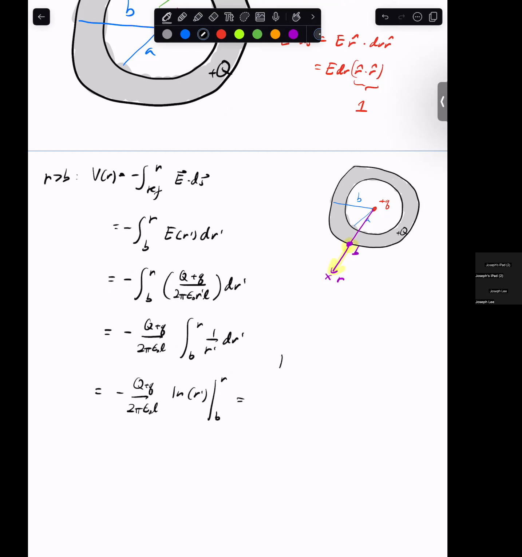Just as a note, the natural log of r minus the natural log of b is equal to the natural log of r over b. So our final answer looks like this. This is the potential in the region of r greater than b.